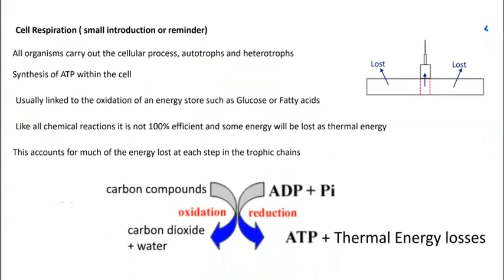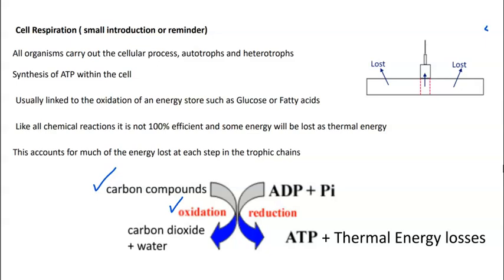In the transfers from one trophic level to another, a significant amount of the molecules which are absorbed by this heterotrophic nutrition, these carbon compounds, the fate of them is to be involved in oxidation, particularly respiration within the cell. All cells respire.